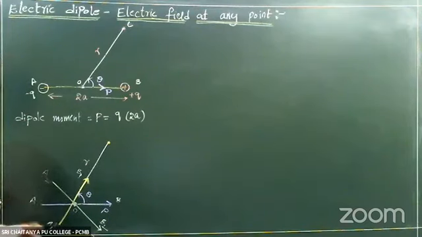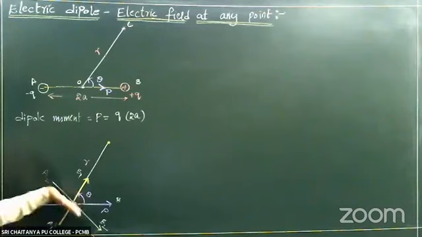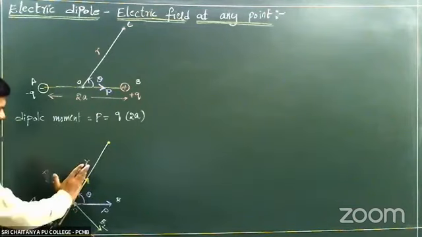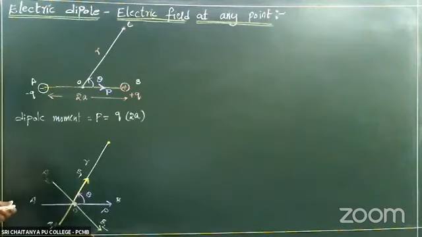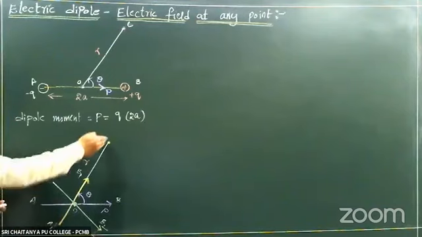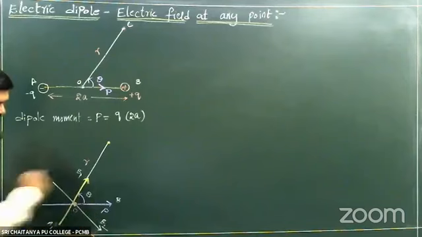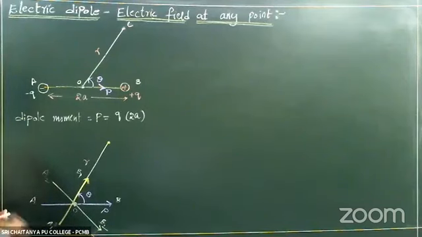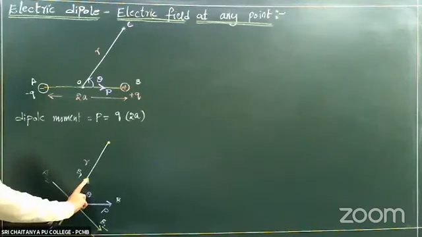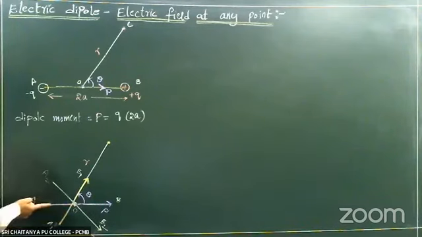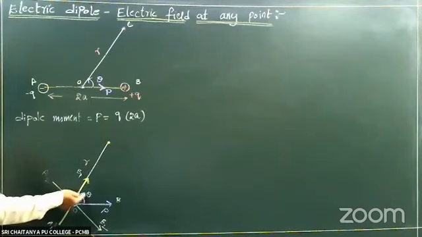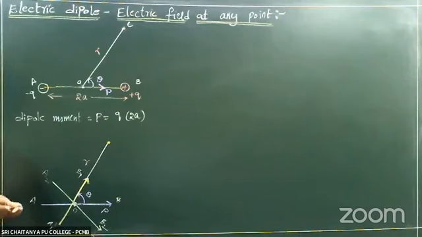Is this point clear? I divided this P into two components, one along this direction and one perpendicular to it. So what is the dipole moment component along this direction? This is the vector P, and this is the angle made with this component, theta.